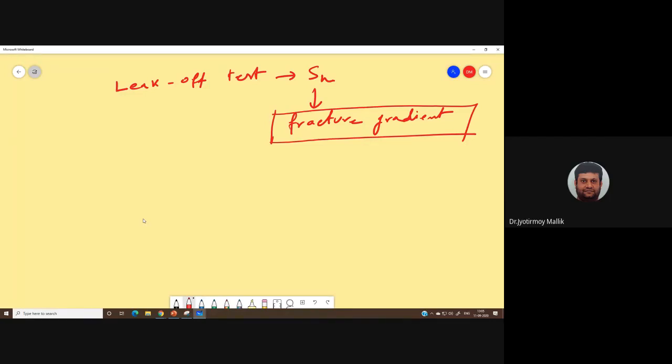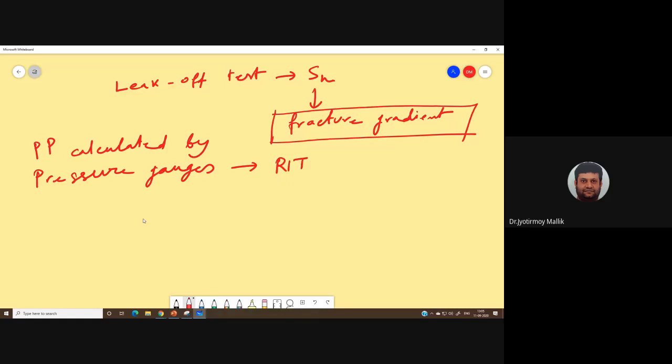Now, the pore pressure is generally calculated by pressure gauges, and these pore pressure values are called RFT values, or repeat formation test values.